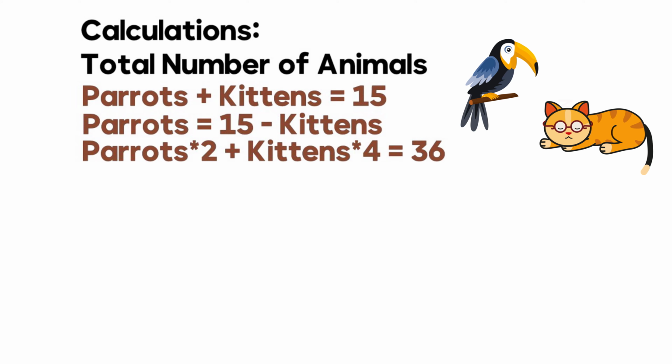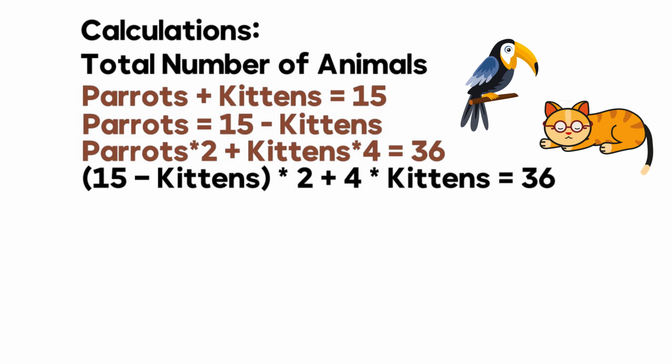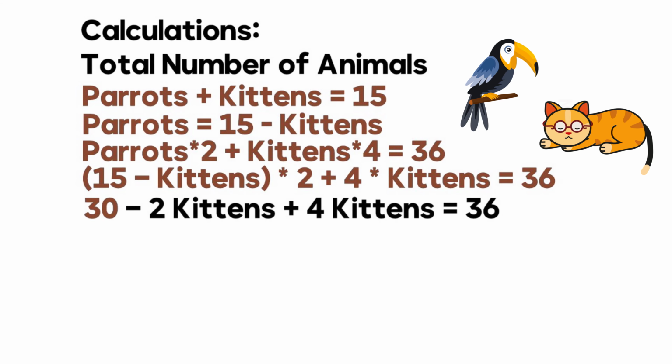Now let's replace parrots in this expression with 15 minus kittens. So (15 minus kittens) multiplied by 2 plus 4 multiplied by the number of kittens equals 36. Which means 30 minus 2 kittens plus 4 kittens equals 36.